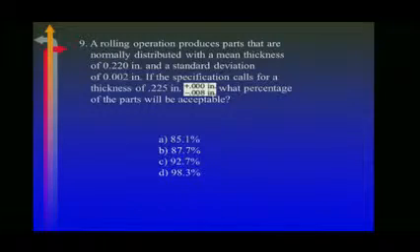Now that 1.01 is your upper specification limit, a number given by the designer, and 0.99 is the lower specification limit, again given by the designer. It has nothing to do with the manufacturing engineer. So the designer specifies those numbers.